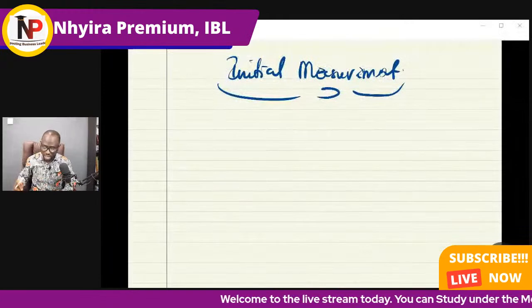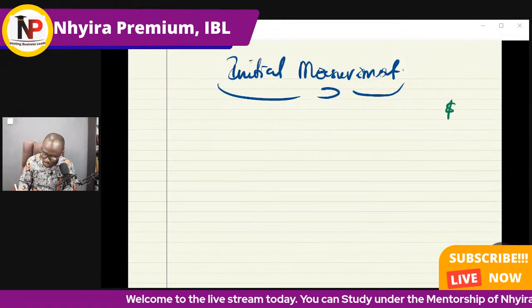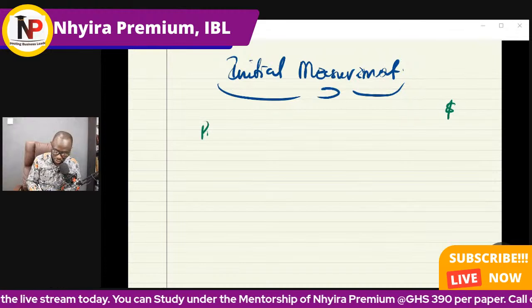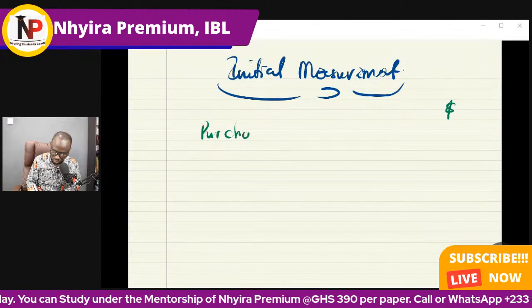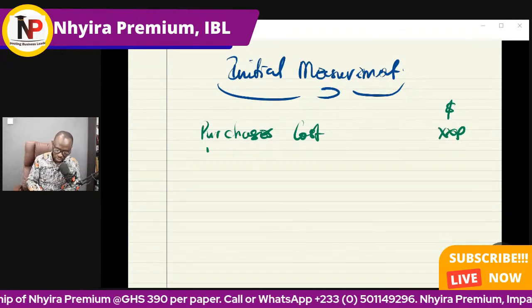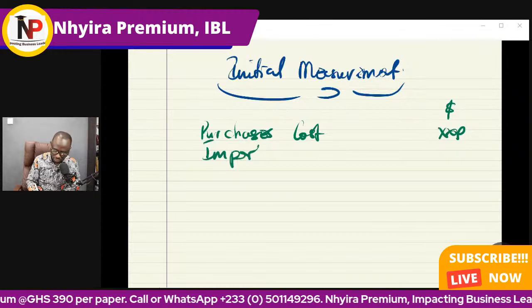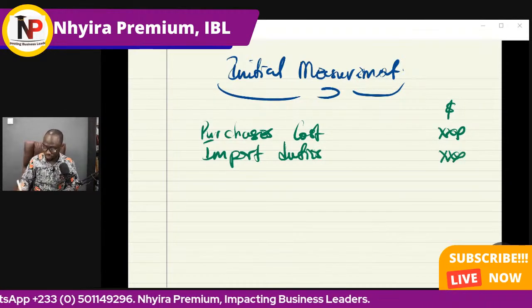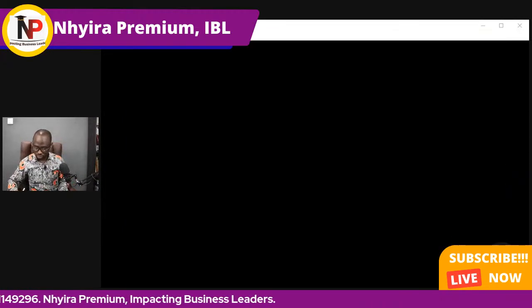Let me put it in a table form like this. So purchase cost, like this. If we bought it from another country, import duties shall be included. Let's go.